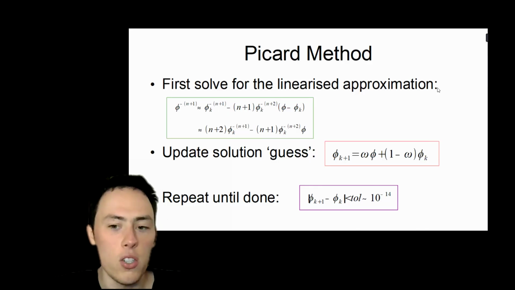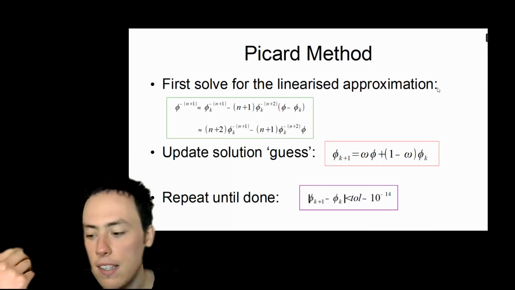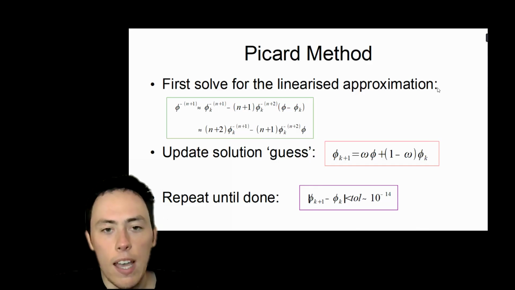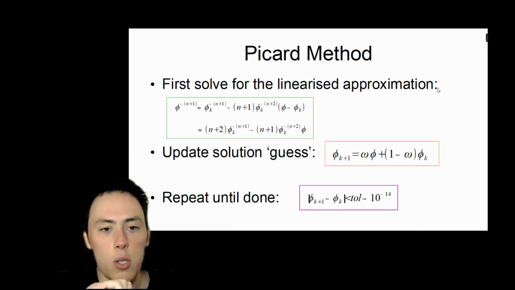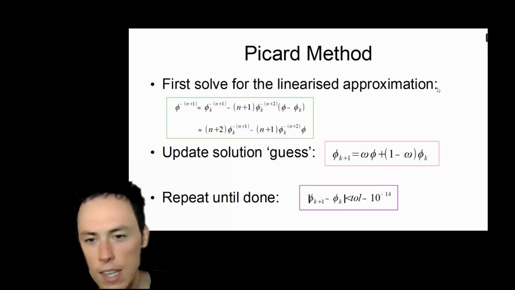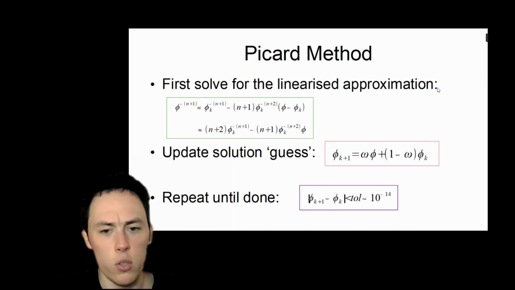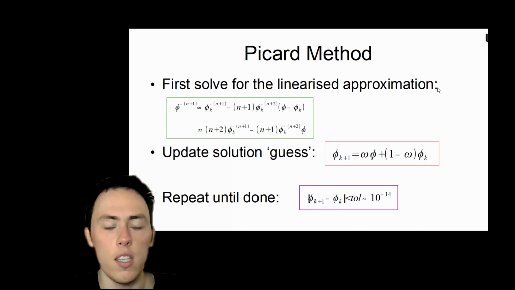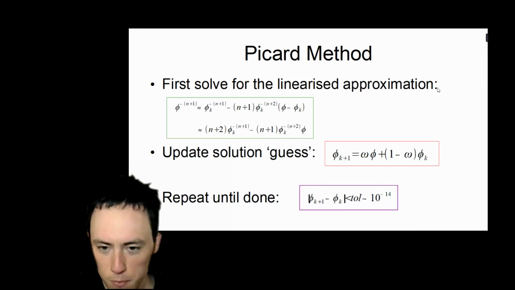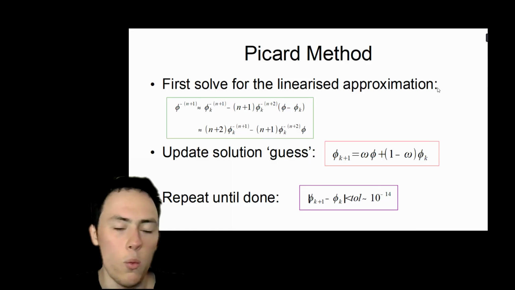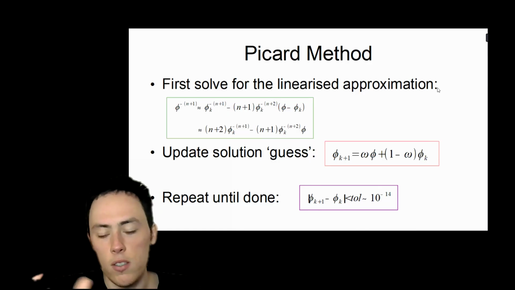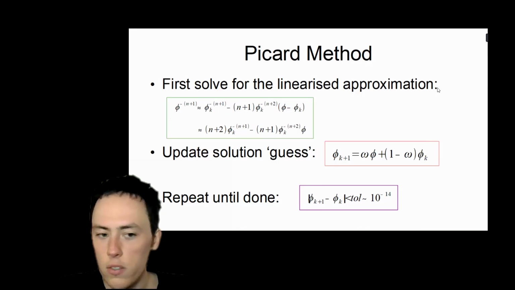And we repeat the procedure. What you find is that as you iterate forward, your linearization becomes a better and better approximation as you approach the true solution. Here, omega is a parameter that lets you control the speed of the convergence. And then you terminate when the difference between successive values is below some tolerance.